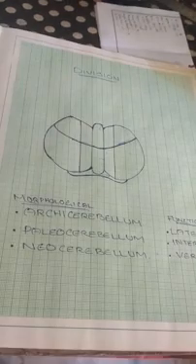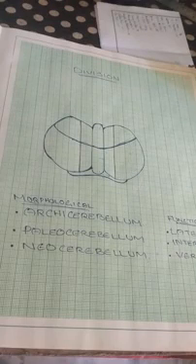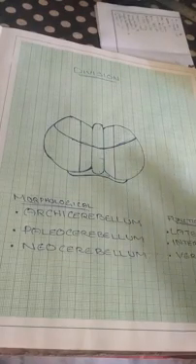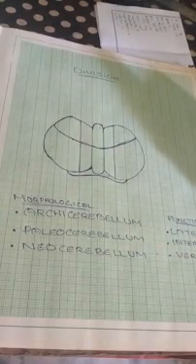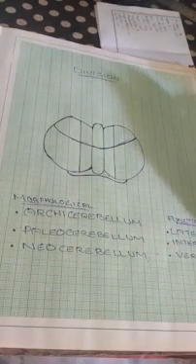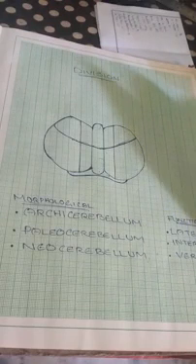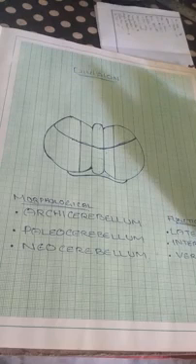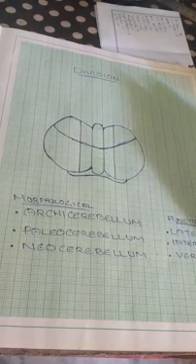Then we can discuss the divisions of the cerebellum. The cerebellum is divided morphologically and functionally. First, the morphological divisions are the archicerebellum, paleocerebellum, and neocerebellum. The archicerebellum is phylogenetically the oldest part of the cerebellum.